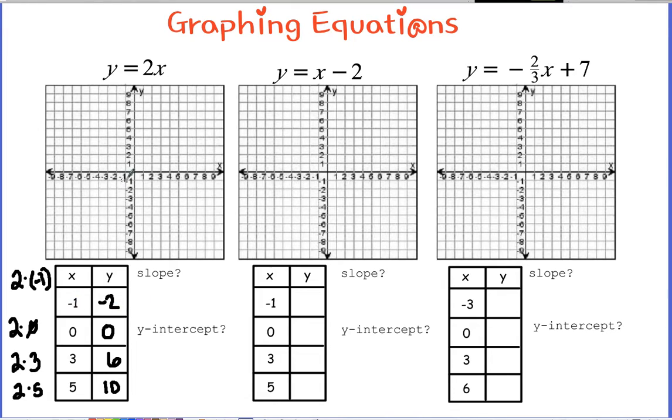So my first ordered pair would be -1, -2. So -1 to the left, -2, and then 0, 0. And then 3, 6, so over 3, up 6, and then 5, 10.